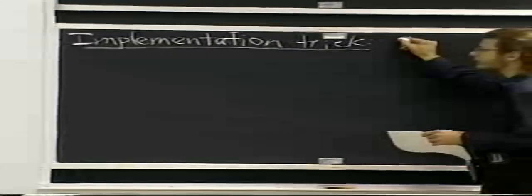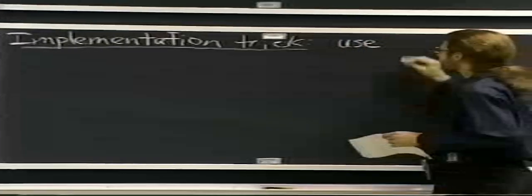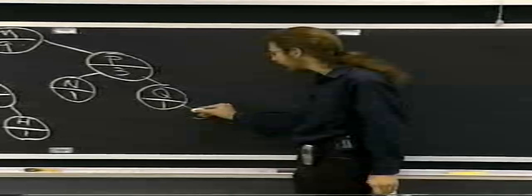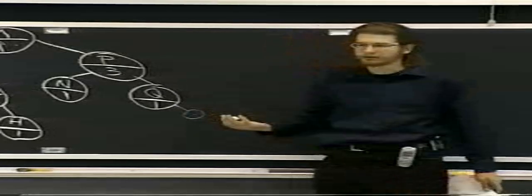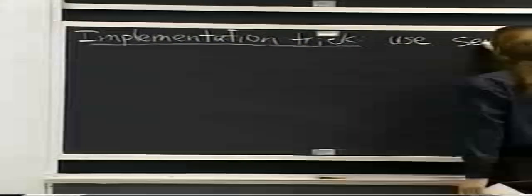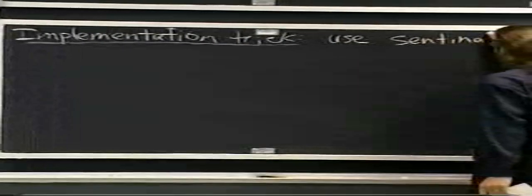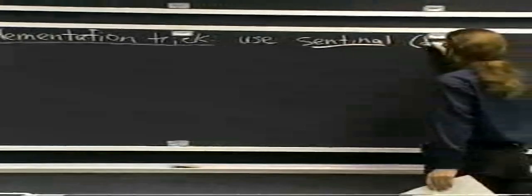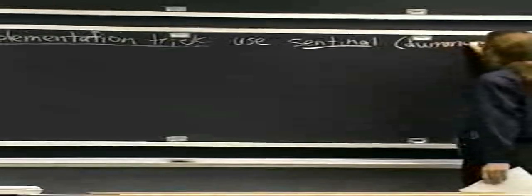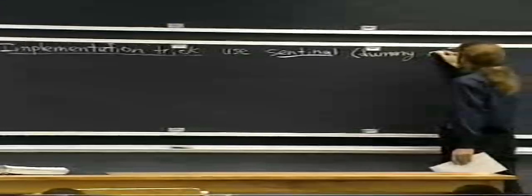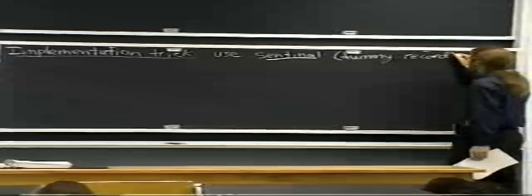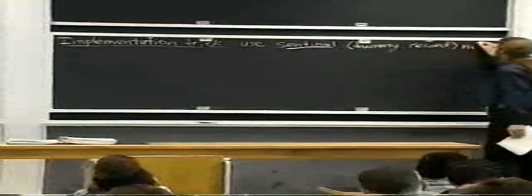The nil pointers, which I haven't drawn here: each of these nodes, wherever it doesn't have a child, is actually pointing to a node called nil, and that's called a sentinel. You can also think of it as a dummy node or a dummy record. Okay, and that will store the nils.